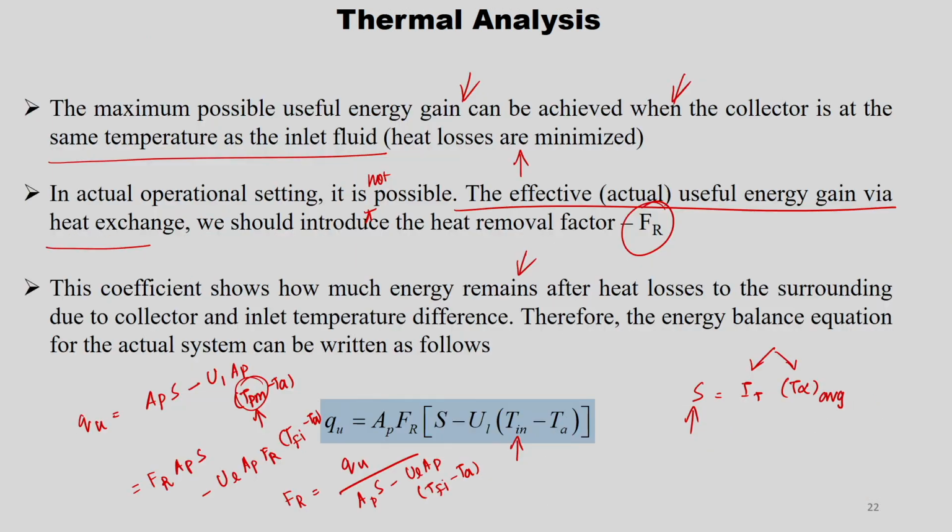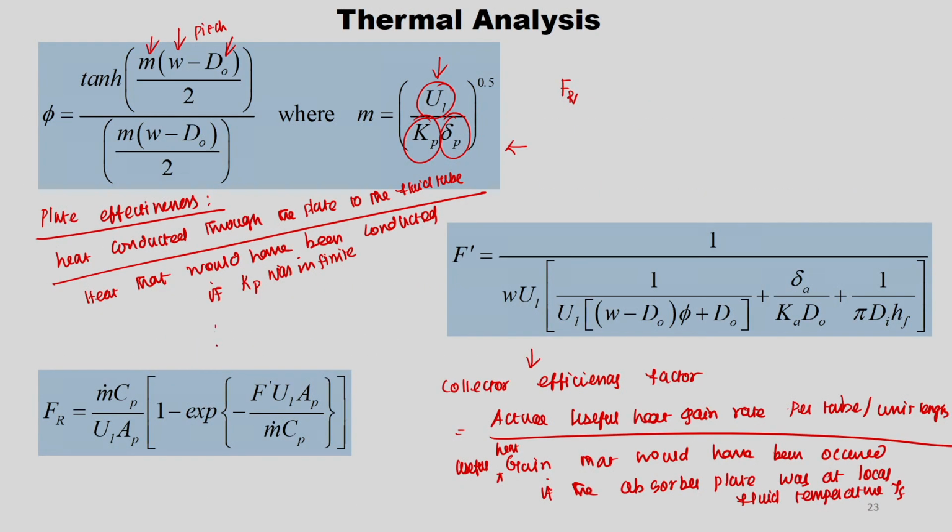The problem is, if you do not know Q_u a priori, then F_R, the heat removal factor, can be defined using plate effectiveness and the collector efficiency factor. Other than that, we require the area of the absorber plate, the mass flow rate of the fluid, and the specific heat of the fluid, which must be known. U_L is the heat loss coefficient.